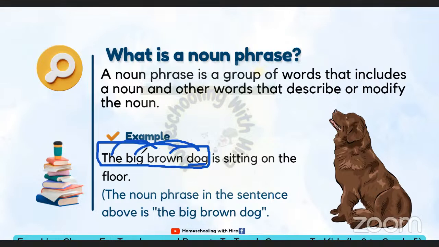So these four words together are working as a single part of speech that we know as noun. ठीक है? Rest of the thing is a verb and the other things. We are just talking about noun phrases for now. We also have other phrases in the sentence that we'll decode later.